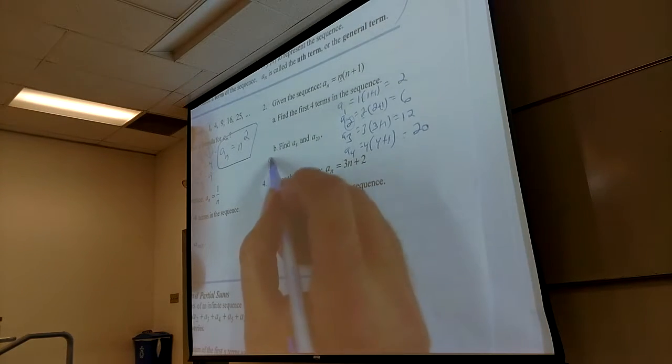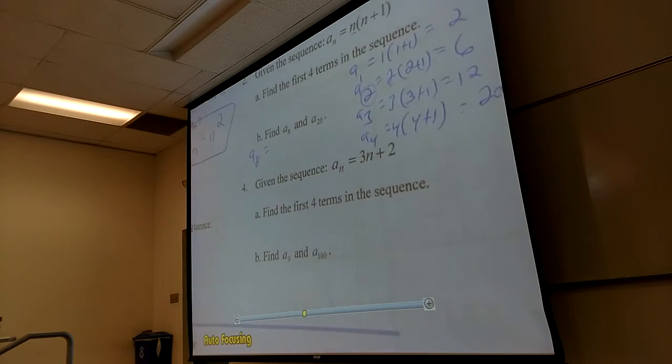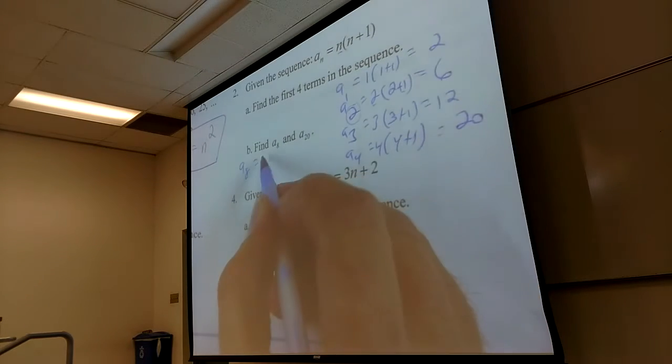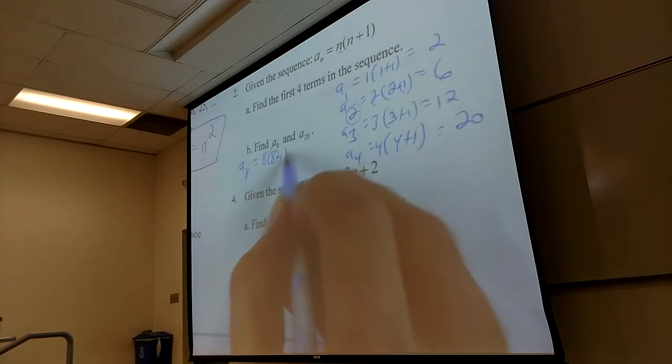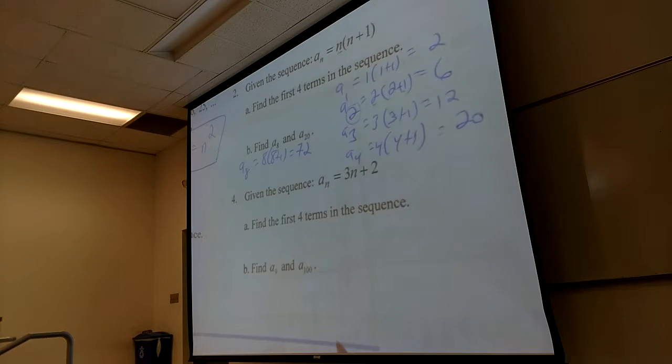So what would a_8 be? Yeah, it would be 8 times 8 plus 1. 8 times 9 is 72. Is everybody cool with this? Function notation got you ready for this. I can use the idea of substitution in more than just that direct way. I can construct sequences.